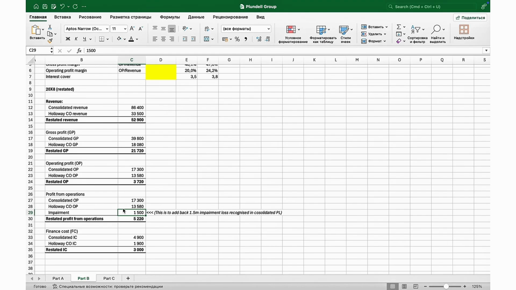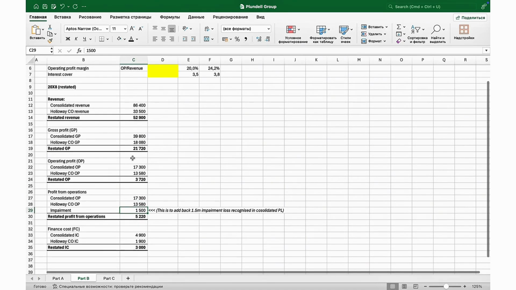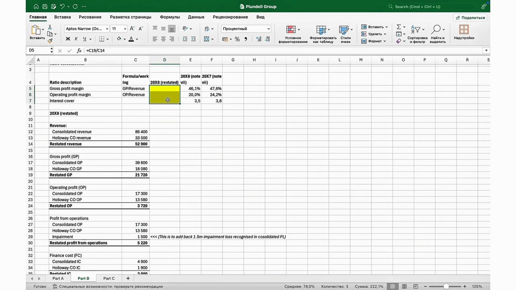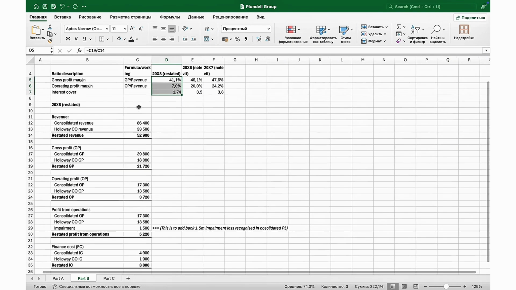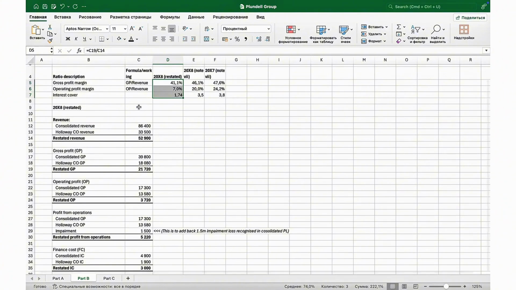There, we add back Holloway Coal's impairment. So these adjustments would change the ratios something like that. That's it for part B. Now let's turn to part C.